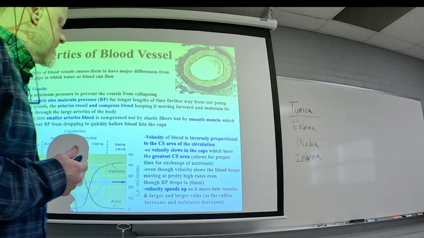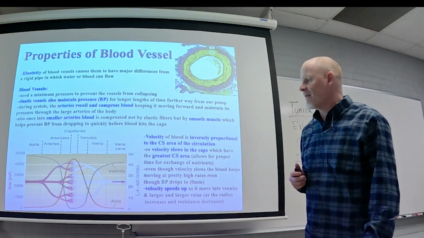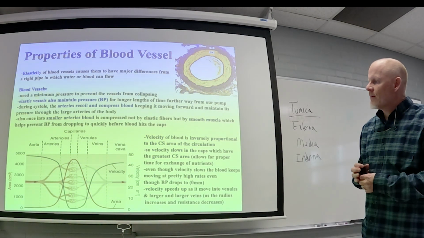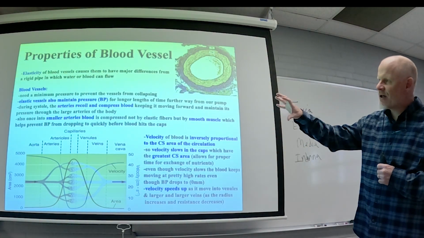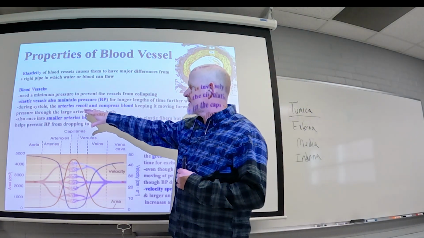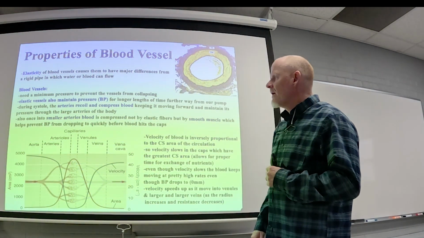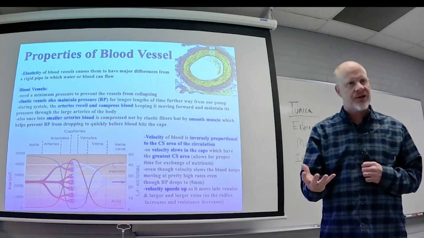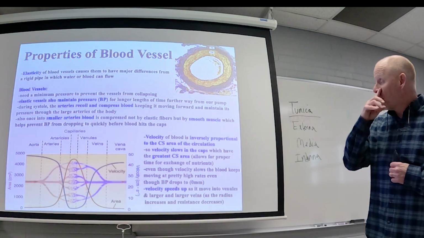All right, so this last slide here summarizes all of that stuff. Talking about elasticity, muscular arteries, blood vessels, how elasticity leads to arterial recoil, compresses, maintains blood pressure, and smooths out pressure oscillations, right? Like we talked about.